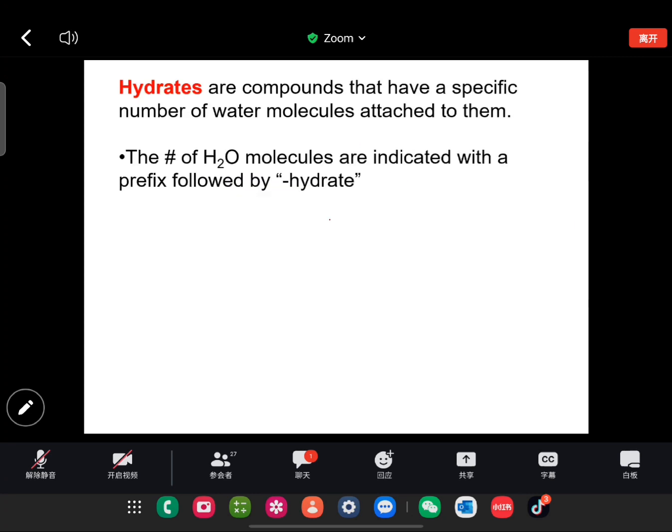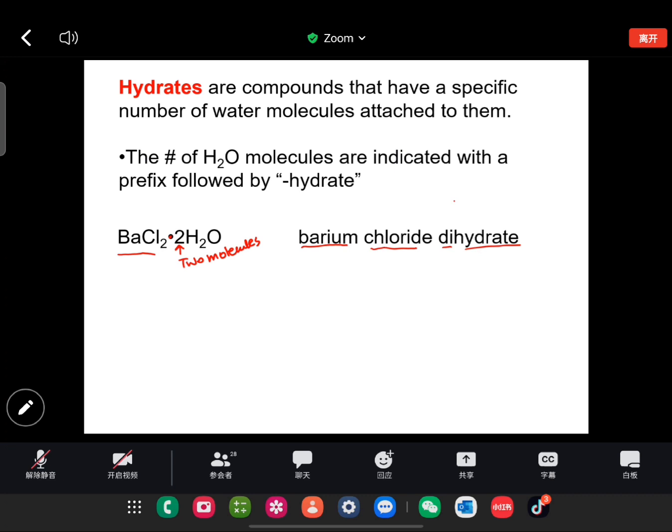We also have something called a hydrate, and a hydrate is a compound which has water attached to it. Generally, the water is written by writing the compound and then a little dot and then 2H2O. This 2 indicates there are 2 molecules of water, right? The name will become barium chloride dihydrate.